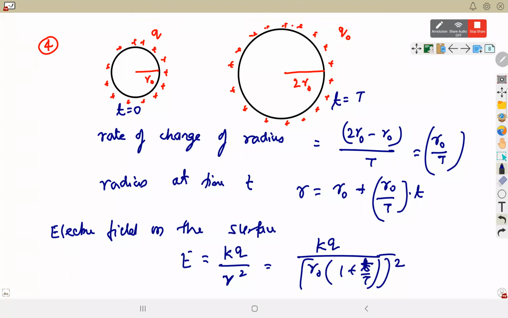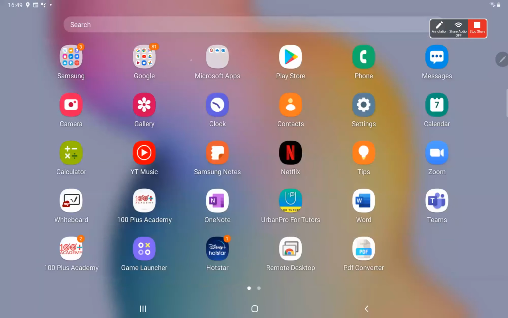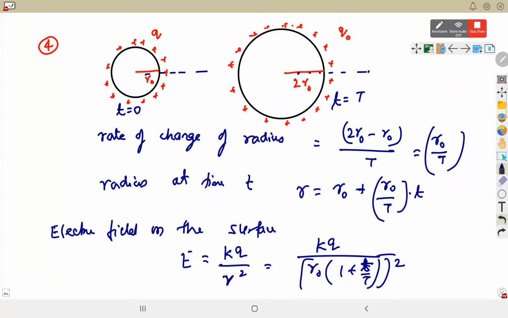Second, at a distance of 3.3 r naught, the point is outside only, and as long as the point lies outside, it doesn't matter what the size of that sphere is. If it is symmetrical, we can assume the total charge to be present at the center. So when we are talking about 3.3 r naught, it is way beyond this boundary, and the total electric field will be just given as kq by r square.